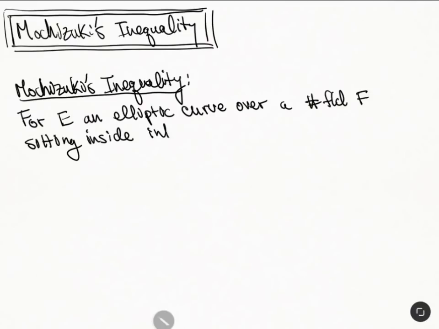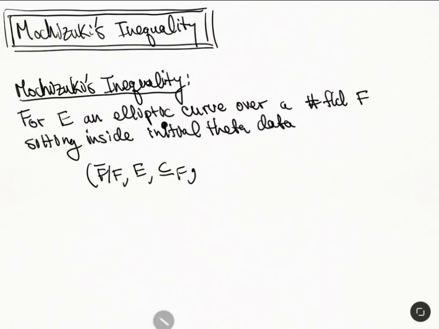initial theta data. And so initial theta data is a big tuple. It consists of an algebraic closure, an elliptic curve defined over F, and then there's another curve that comes from here. So this is kind of like a level structure. This is a prime number.